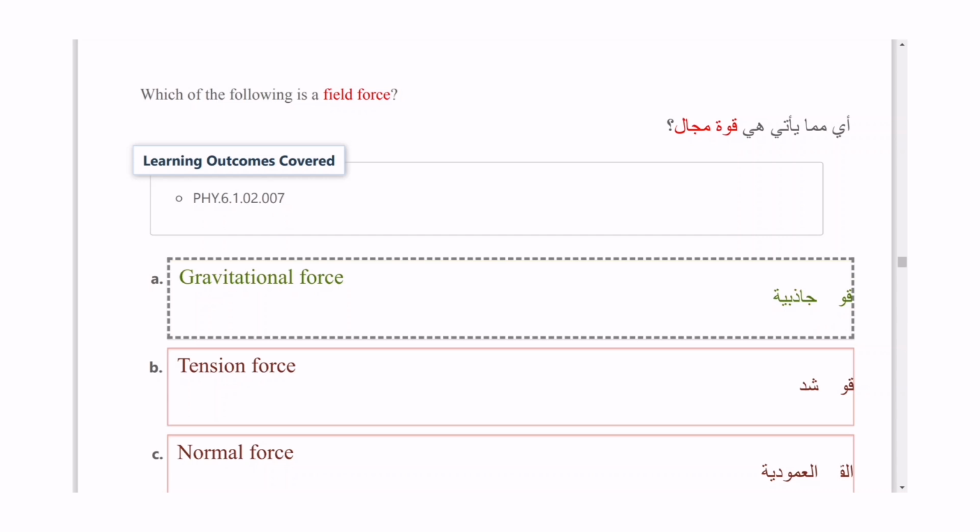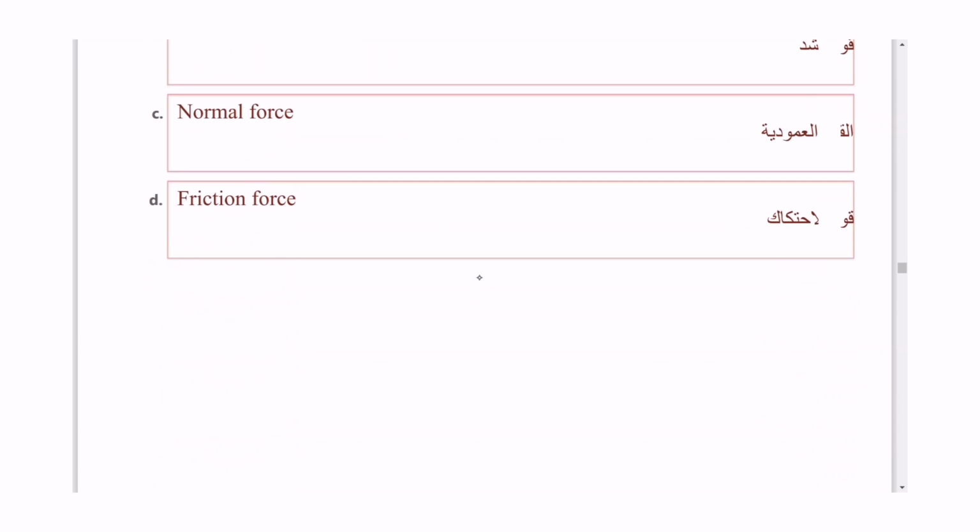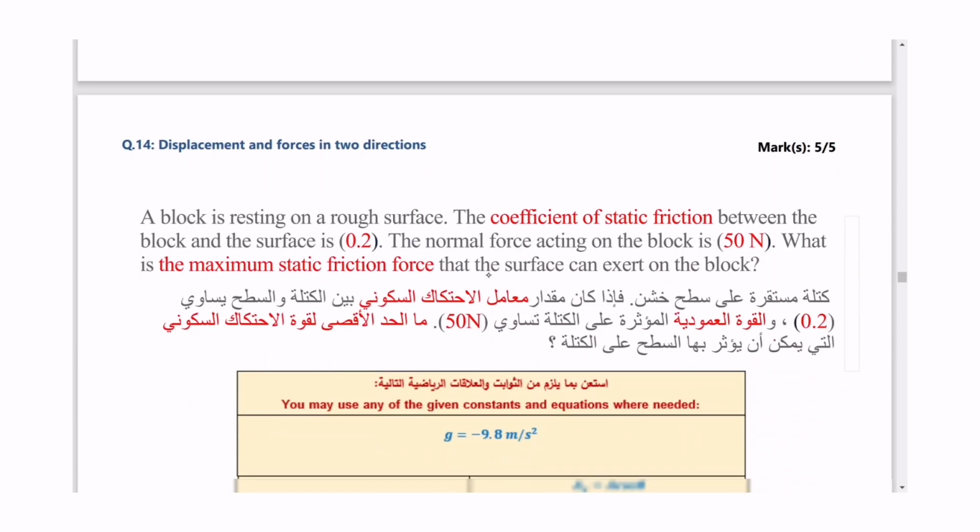Likewise, the gravitational force between Earth and Moon: they are not touching each other. Gravitational force, electrostatic force, and magnetic force are all examples of non-contact force. So here our answer is gravitational force. Gravitational force is a field force.